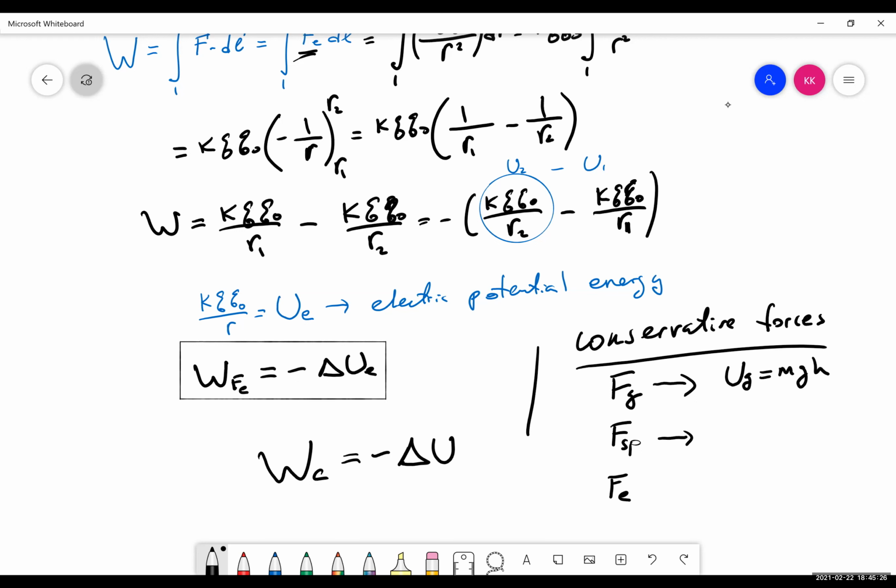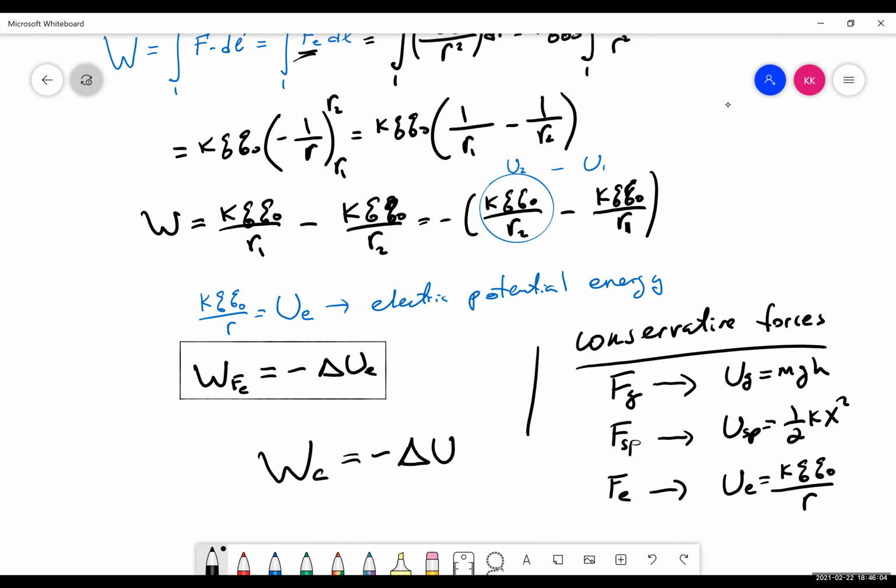The spring force also changes the potential energy, giving us spring potential energy, 1/2 kx squared. Now we have electric potential energy due to the electric force, k q naught over r. That means you have three types of potential energy right now: gravitational, spring, and electric.